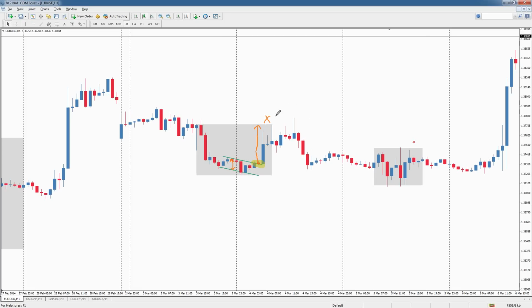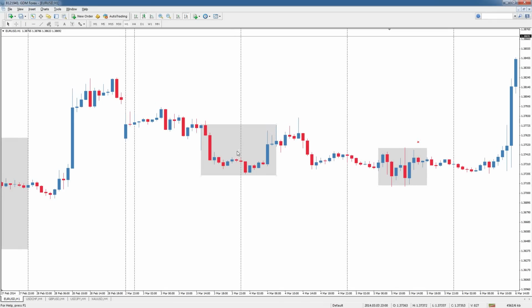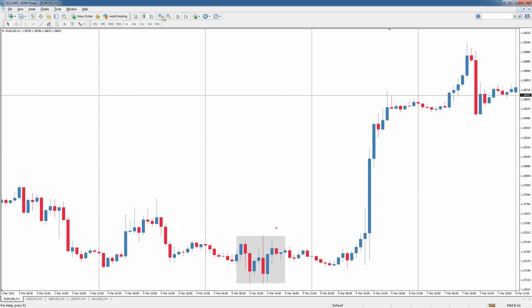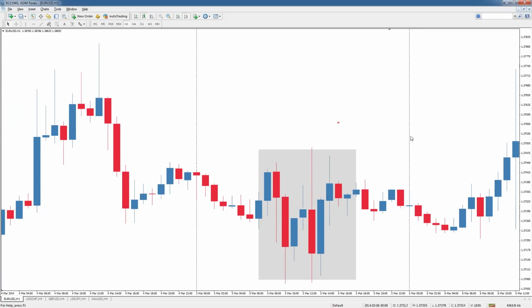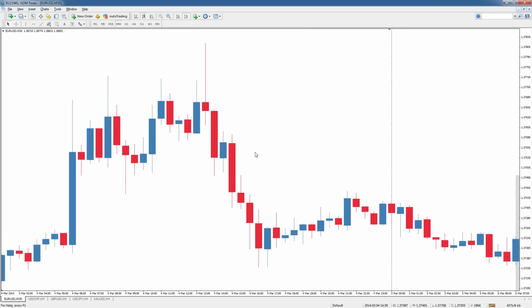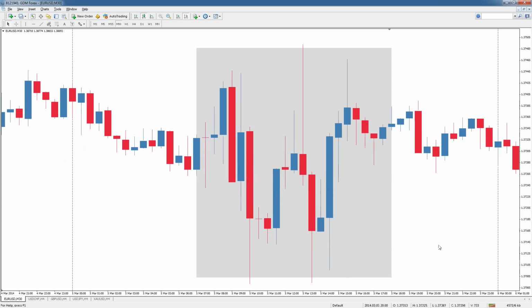Now, the next formation you're going to see, and let me just remove those markings so we don't get distracted. This one, marked with a little X. In the case of this formation, we see that it's pretty much a nice double bottom, but essentially it's not really making anything for us. Let me go to a smaller period.